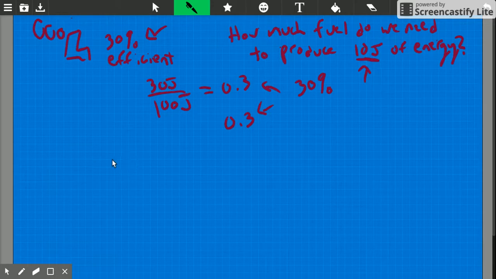And we could imagine that we want to get from 10 joules of energy to another amount of joules of energy. But this second number is going to correspond to the amount of fuel that went into the power plant.